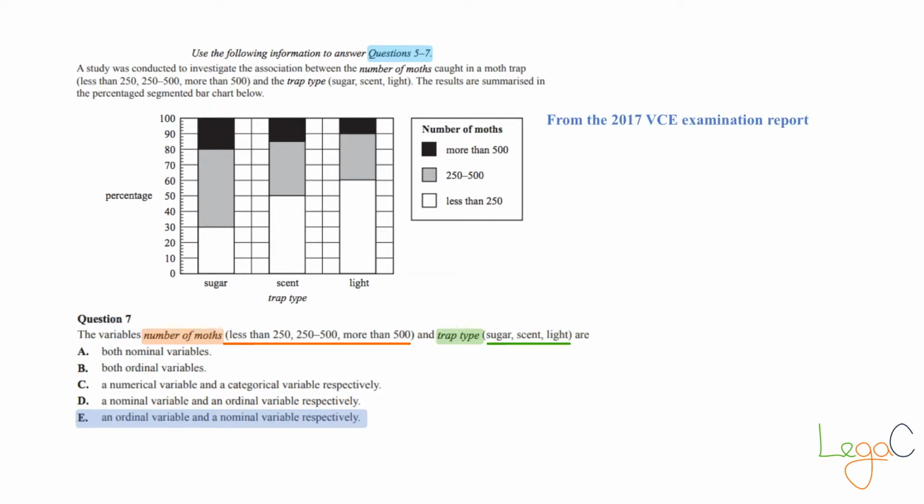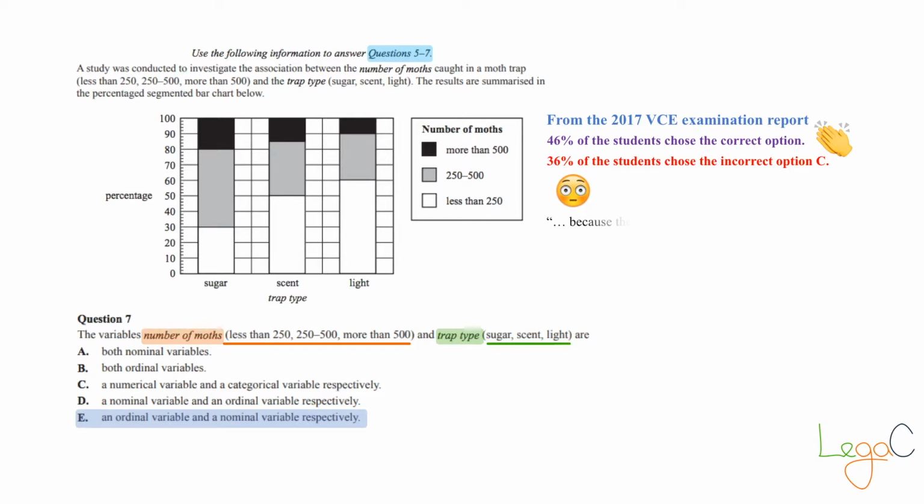From the 2017 VCAA examination report, 46% of the students chose the correct option. However, 36% of the students chose the incorrect option C. And this happened because the students incorrectly assumed that the variable number of moths was numerical because it involved numbers.